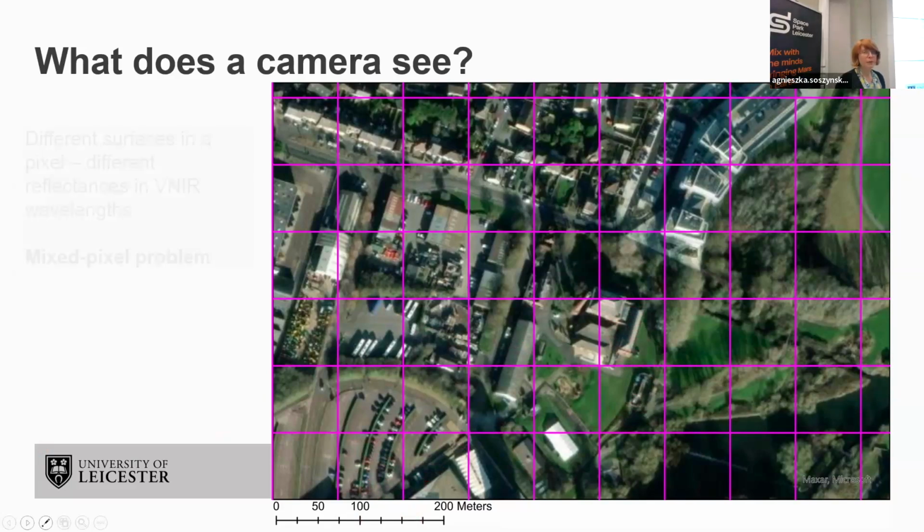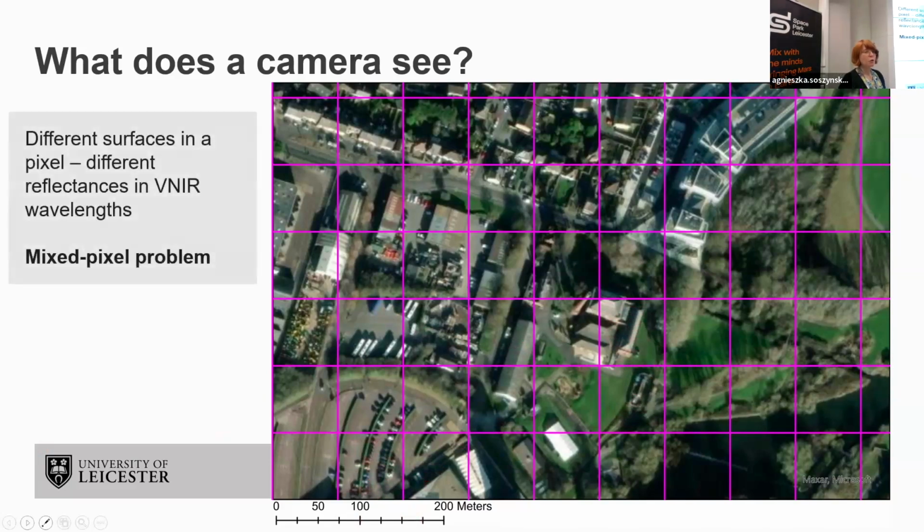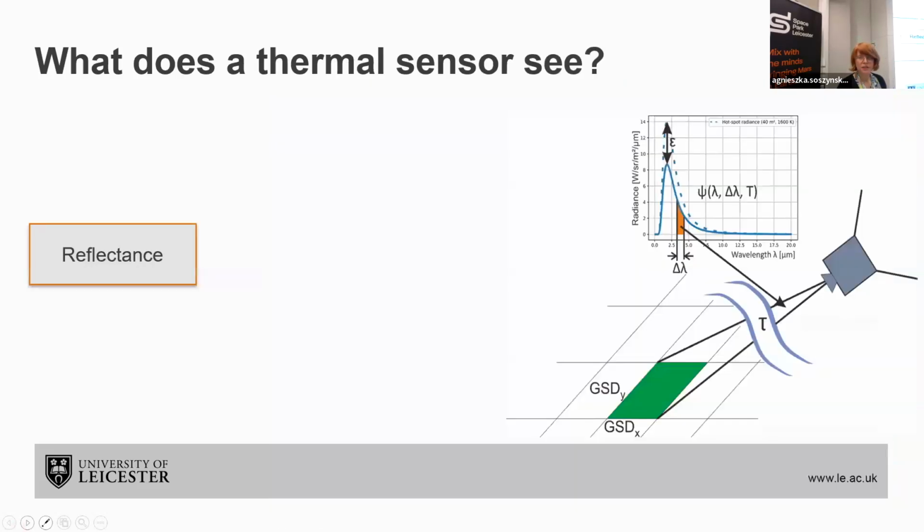What I would like you to remember is what reflectance is in the visible or near infrared spectral range. It is not going to be a reflectance in the thermal, but we still have the very massive problem of a mixed pixel. Let's look at a different aspect.